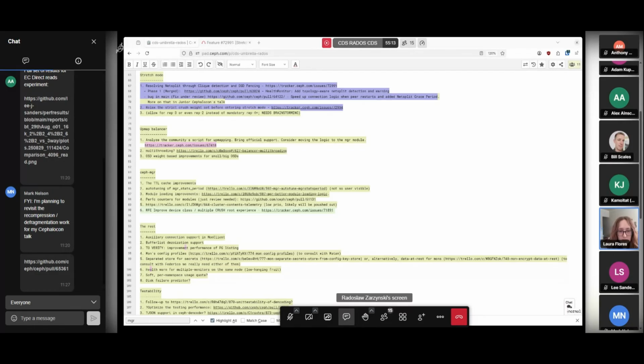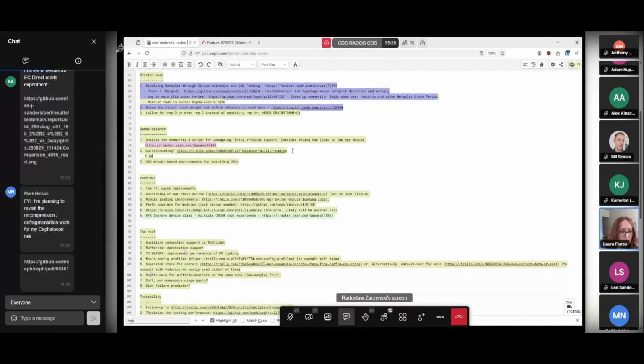So the second topic is multi-threading. This one I had started work on. This is just to improve performance in the upmap balancer. We have several places in the code right now that perform actions on PGs in a loop, and this can be optimized by adding multi-threading.